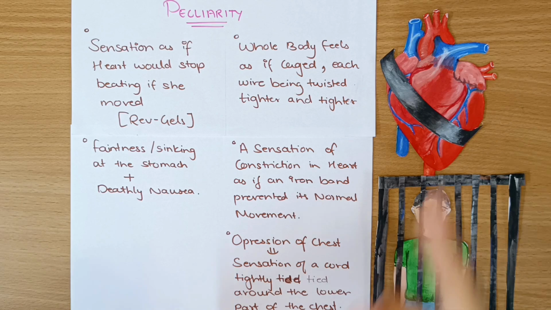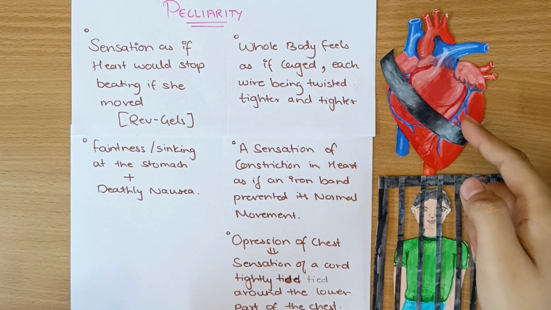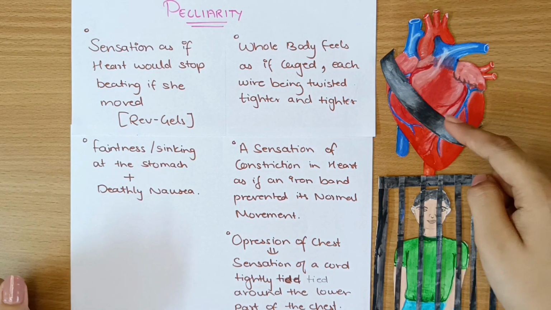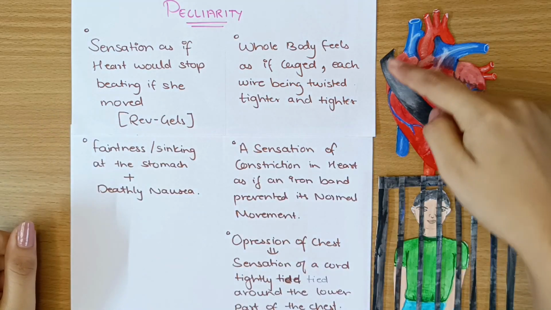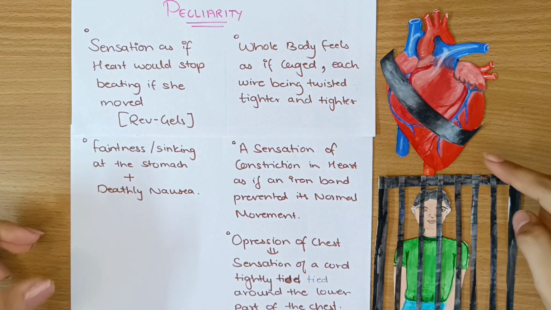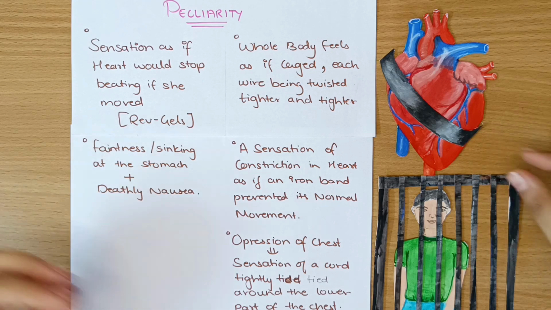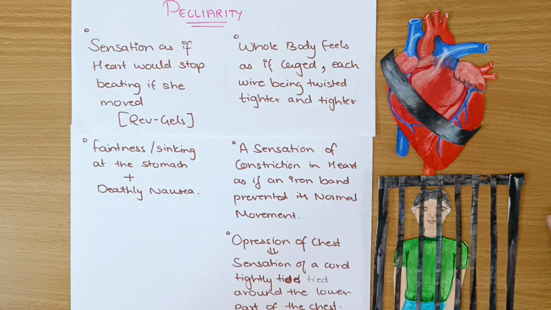So this can also be reflected in the heart complaints. In the heart as well, there is this sensation of constriction, as if it is constricted by an iron band which prevents its normal movement.